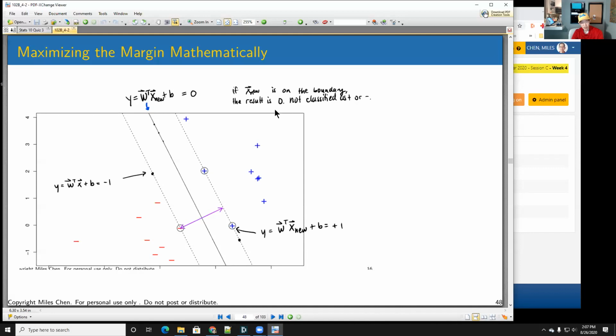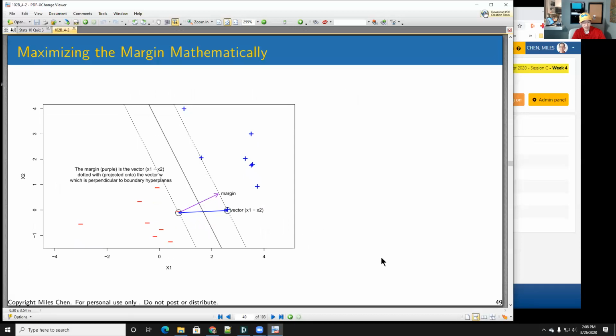So if x is on this boundary, this will equal 0, and it's not going to be classified as either plus or minus. But over on either side it's going to end up being a positive or a negative value.